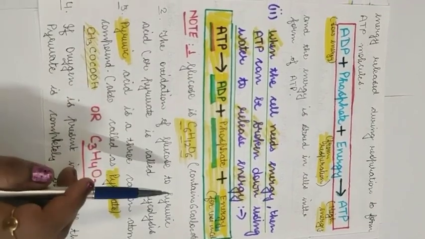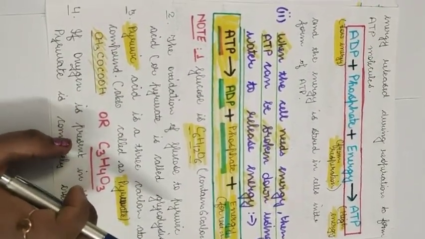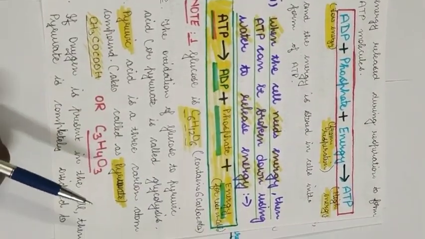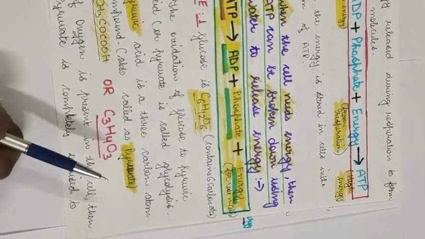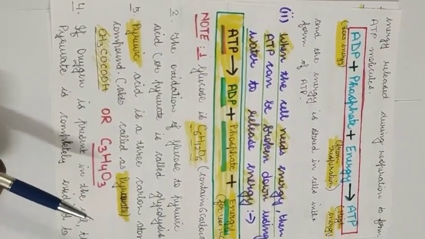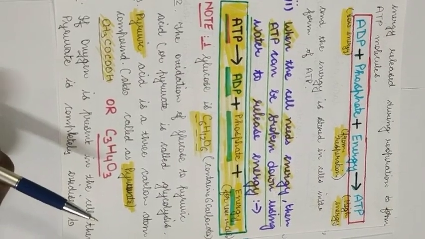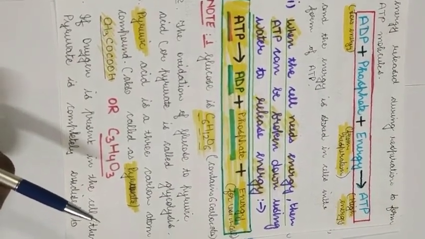We'll be learning that there are two different reactions which take place during respiration. One takes place in the cytoplasm and the other takes place in the mitochondria. Which is taking place in the cytoplasm, that means the cytoplasm is also capable of performing respiration.